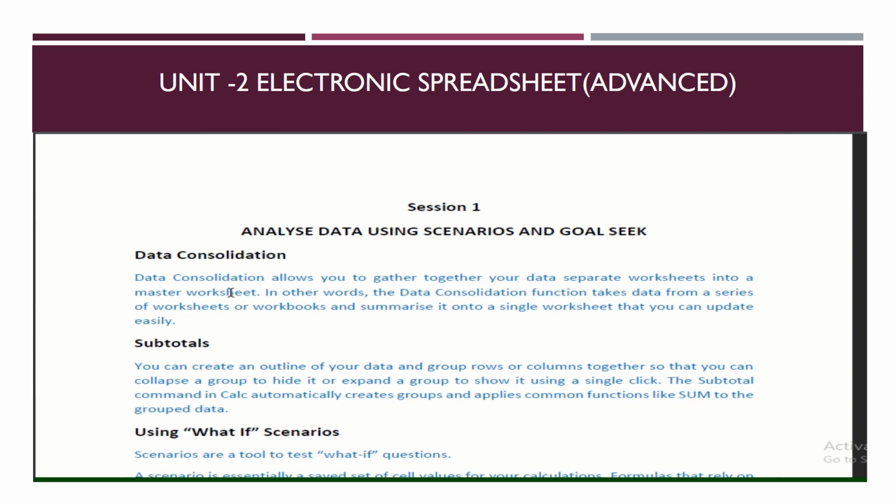So that is known as data consolidation. As is clear with the name only, consolidation is to combine. Next topic is subtotals. Subtotals is when you are performing some operation on a group of rows. So that is subtotal.